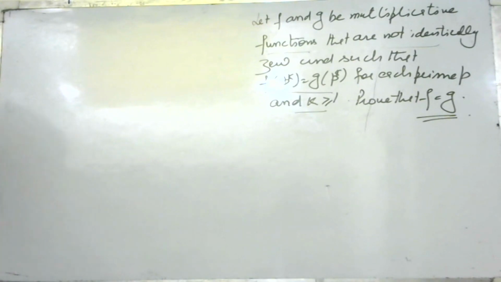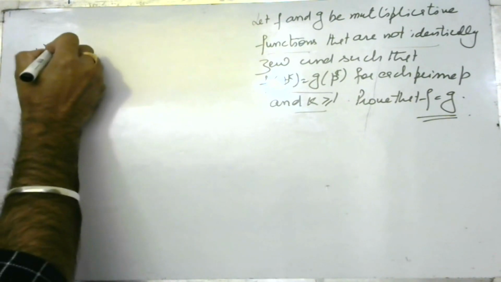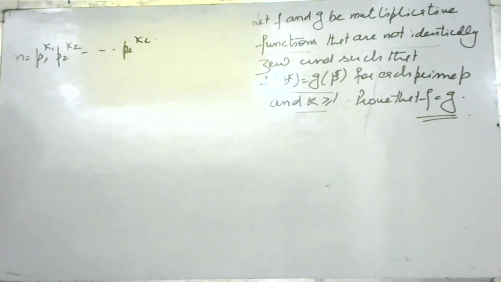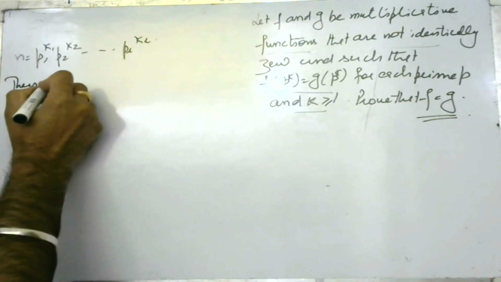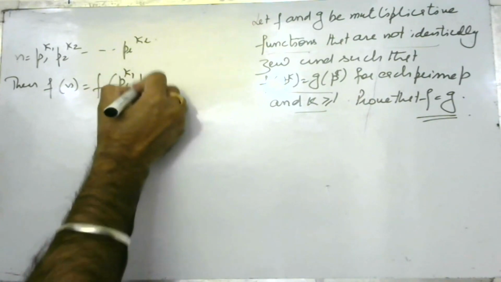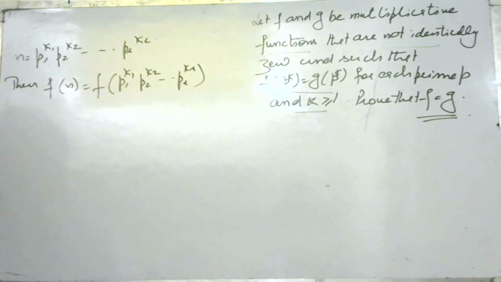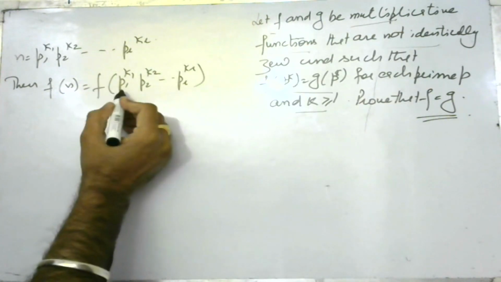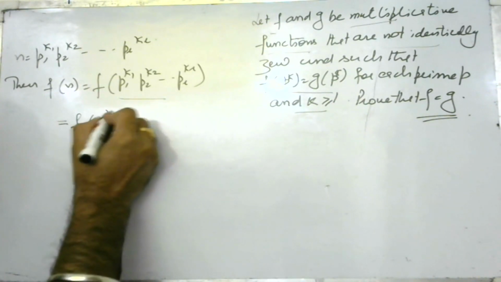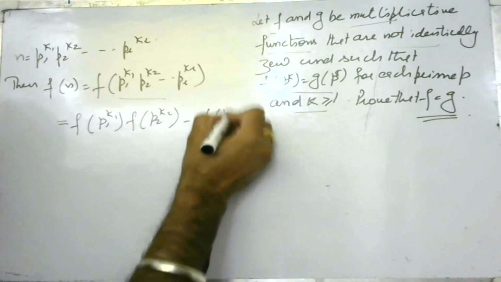Now to prove this, we start with the prime factorization of n. Let it be p1 power k1, p2 power k2, ... pr power kr. Then very easily we can write f of n is equal to f of p1 power k1, p2 power k2, ... pr power kr. As f is multiplicative and all pi's are distinct primes, we can write it as f of p1 power k1 times f of p2 power k2 ... times f of pr power kr.